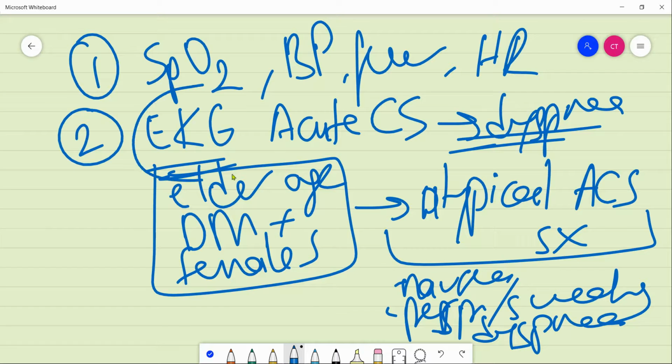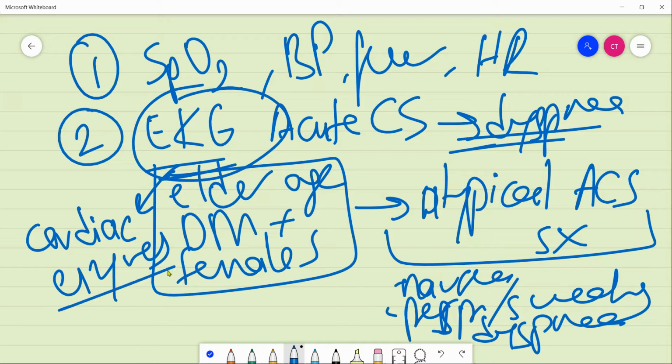So obtain an EKG, of course, together with cardiac enzymes. This is really important. And after that, the EKG should also be evaluated for any kind of cardiac arrhythmia, because COPD patients may develop dyspnea if they have, for example, new onset supraventricular tachycardia, such as atrial fibrillation or flutter.